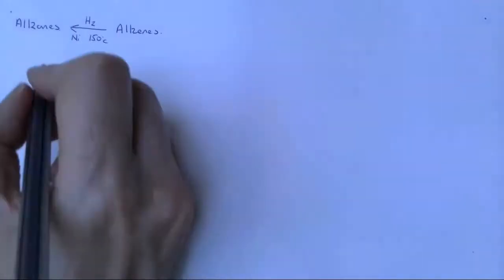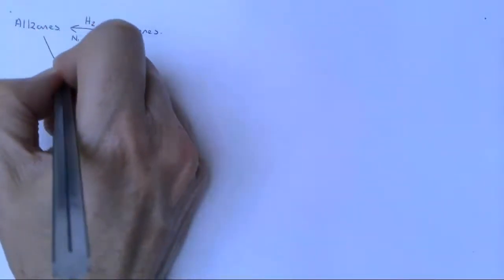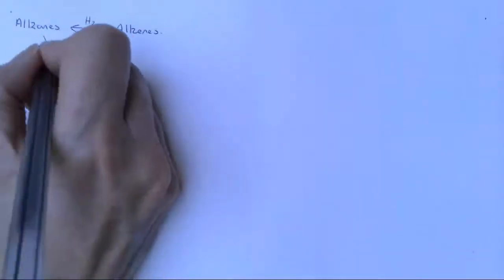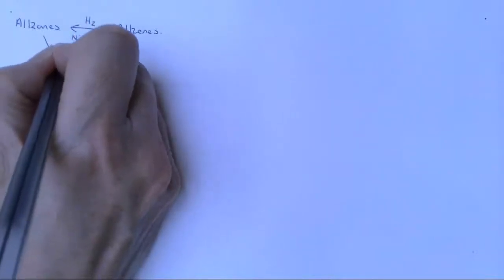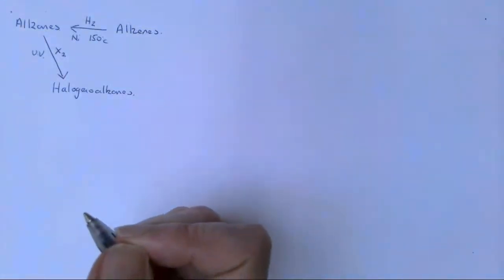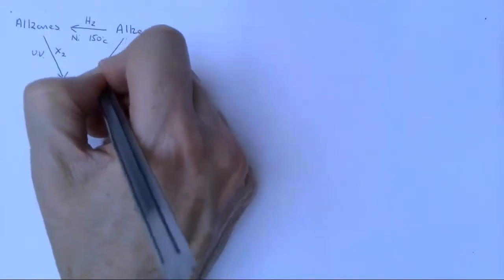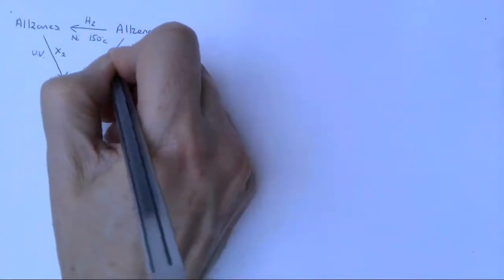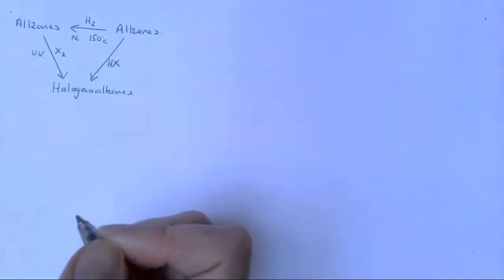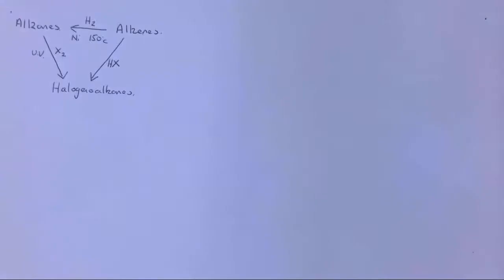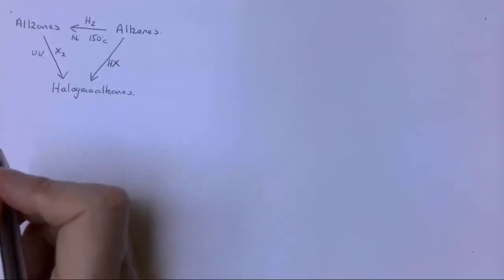Okay, I can do that for an alkane by just using a halogen, and I'm going to use X to stand for my halogen, and this now needs to be done under UV light. An alkene, on the other hand, can be turned into a halogenoalkane by adding a hydrogen halide. If I wanted a dihalogenalkane, I would just need to use bromine or chlorine or something like that.